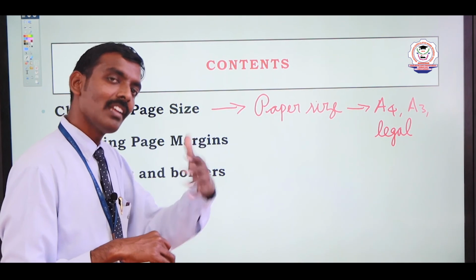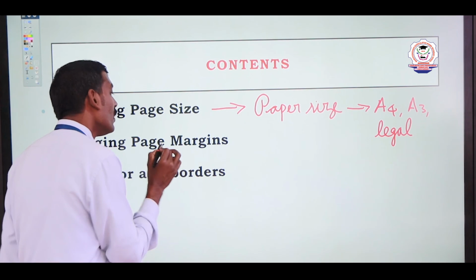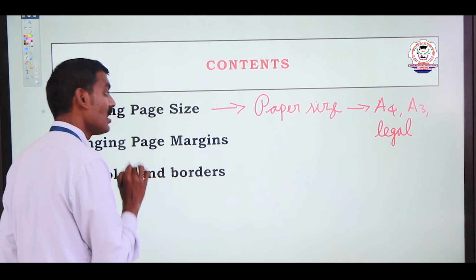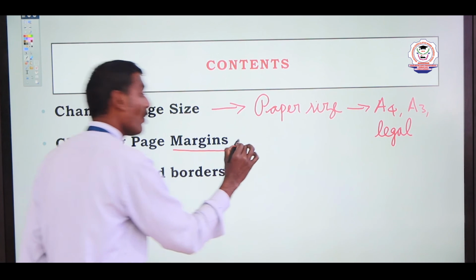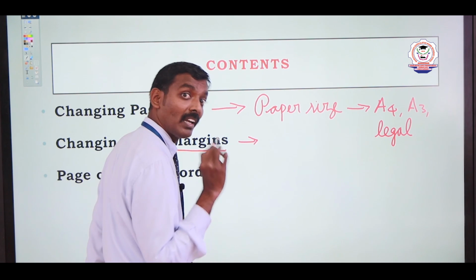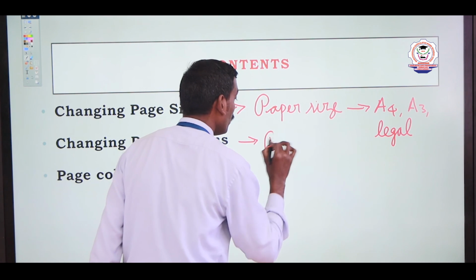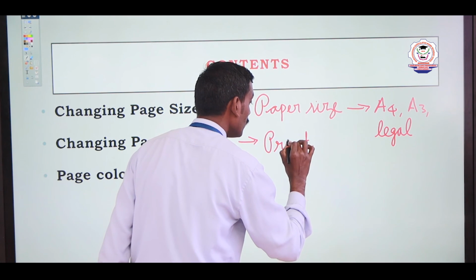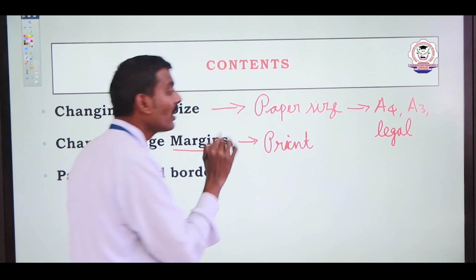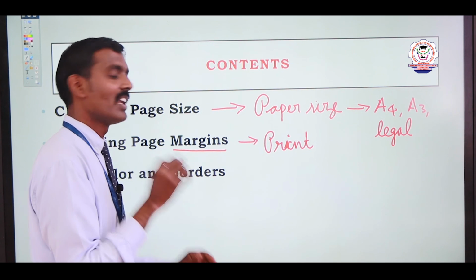We can select any of the formats, and we want to change the margin also. What is the meaning of margin? Margin is referred to as the printable area or printing area. In that printing area is referred to as a margin.